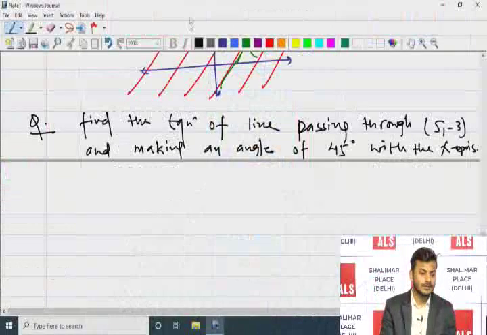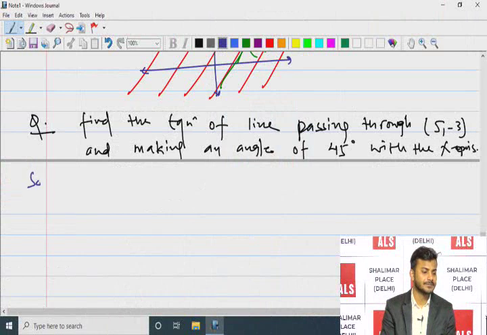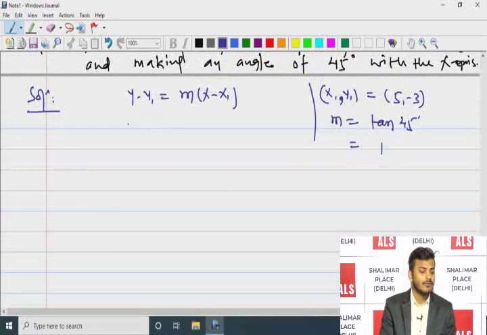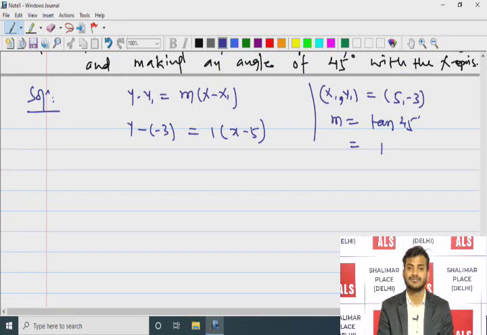So what is the formula? Formula is y minus y1 equals m times x minus x1. Okay, so what is x1 y1 values? x1 y1 are 5 comma minus 3. What is m? m is going to be tan theta, as theta is 45 degrees, so m will be 1. Now y plus 3 equals 1 times x minus 5, right?